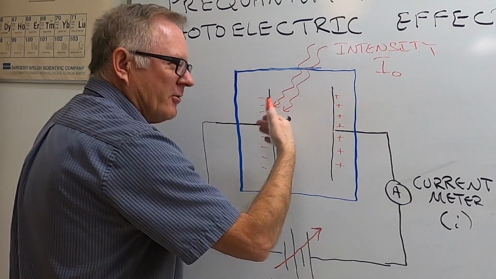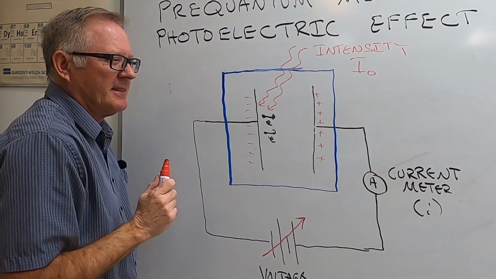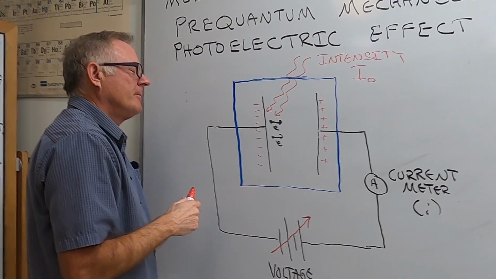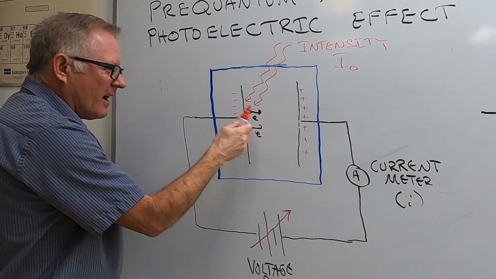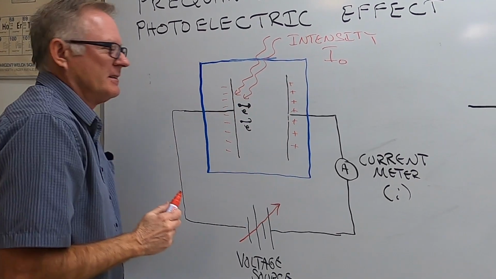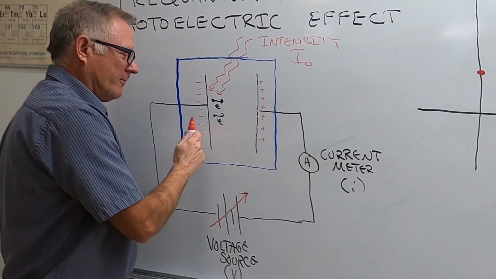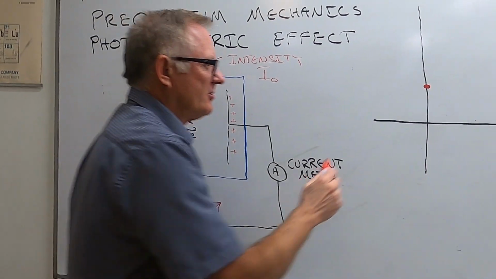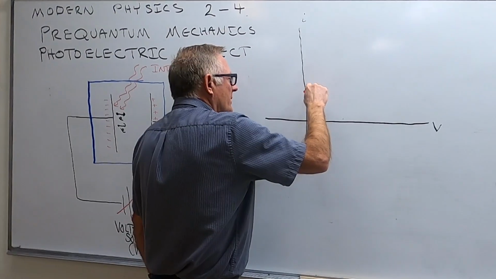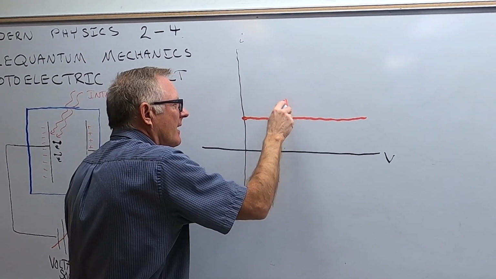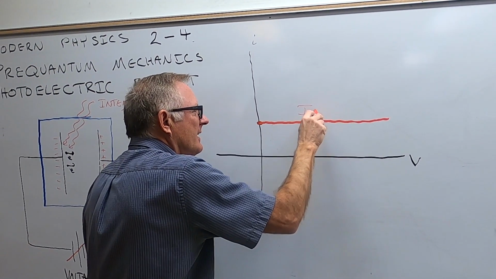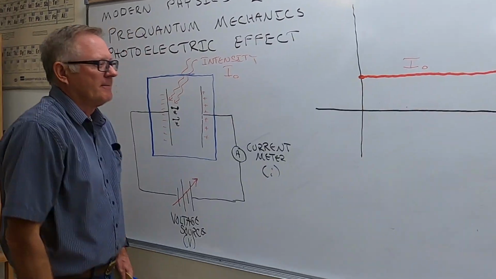All they might do is go a little bit faster by the time they get there. But there's not going to be any more electrons, because we've already knocked them off. We can't knock more off with just this voltage. So when you increase the voltage, the current just stays the same, and we're putting a certain brightness in there.